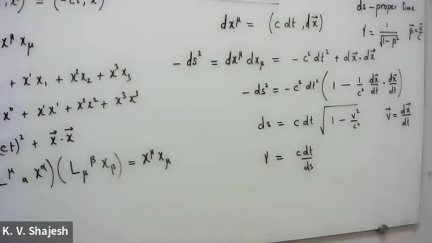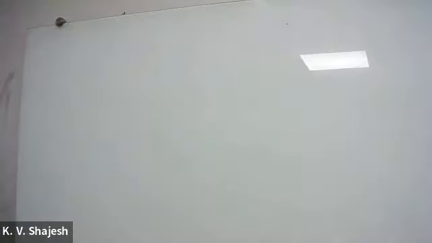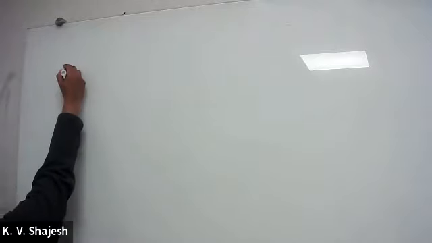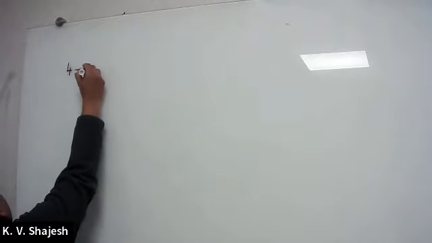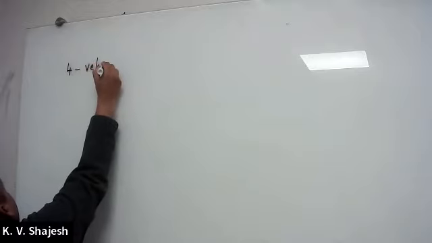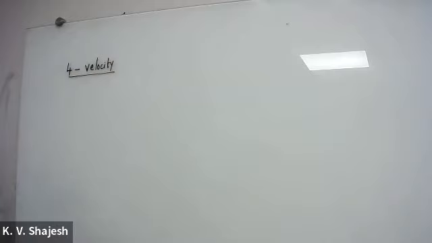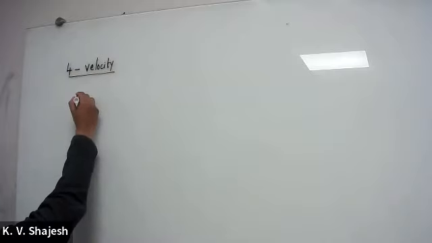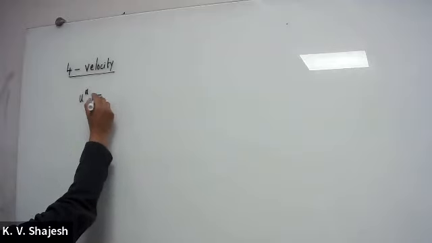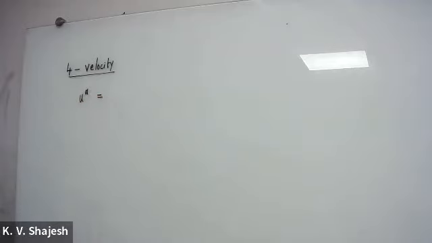Any questions at this stage? Okay. So the first thing we can then define is velocity. For velocity we have x mu. So this is going to be, let's say, u alpha. We would like 4 components of velocity.